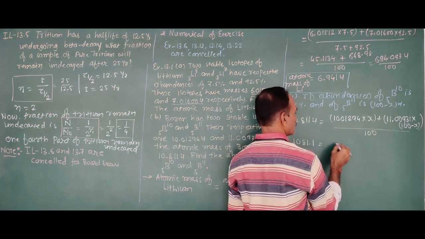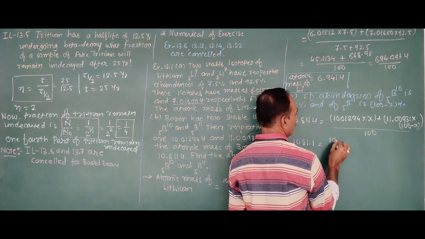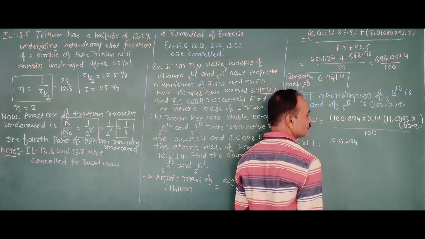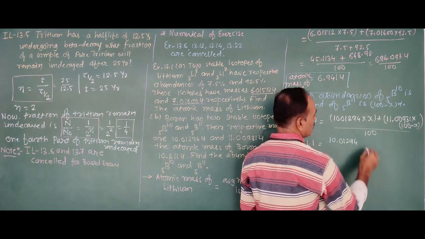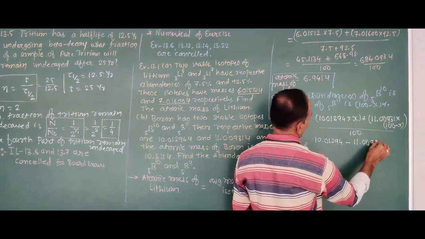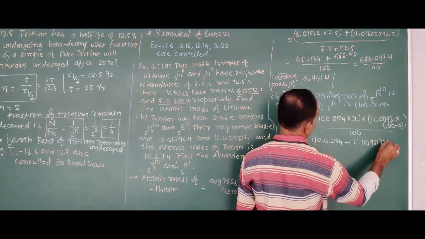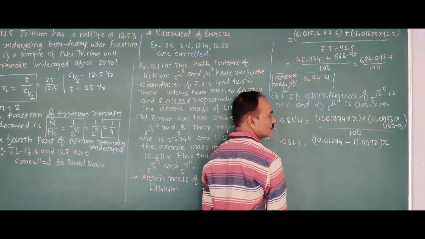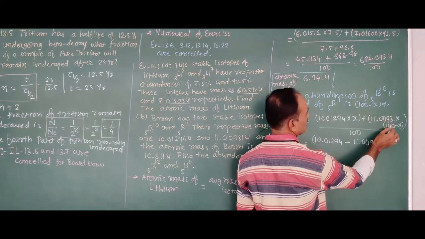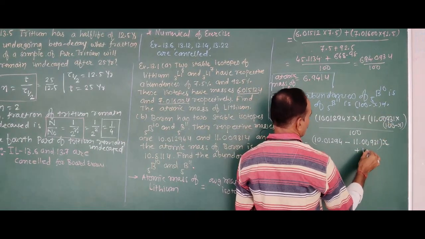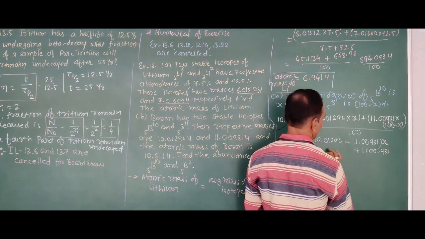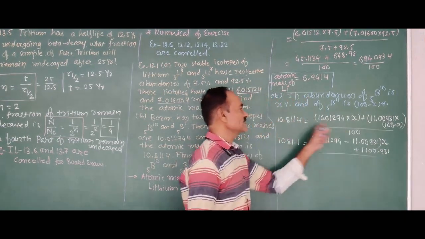Therefore, we take x common: 10.01294 minus the multiplication with 11.00931, right? And now multiplying with 100 gives plus 1100.931. This 100 is taken to this side.